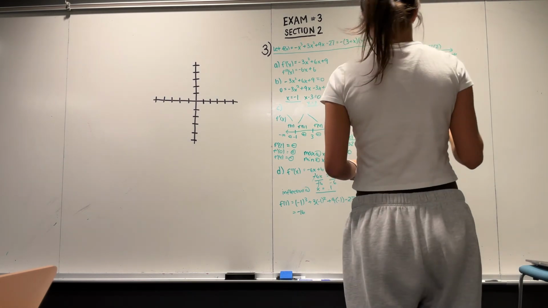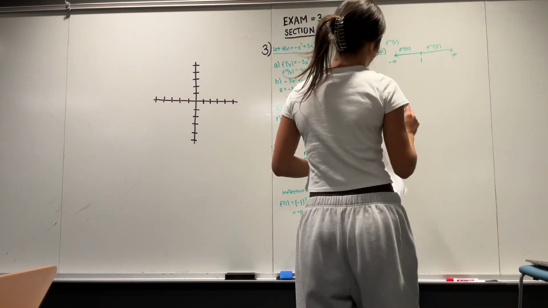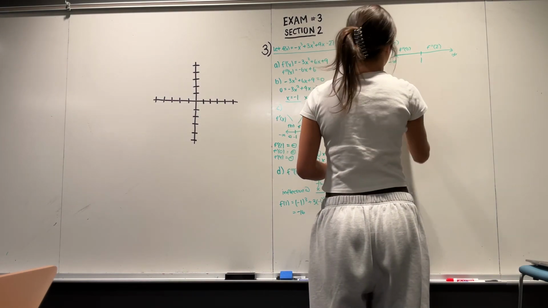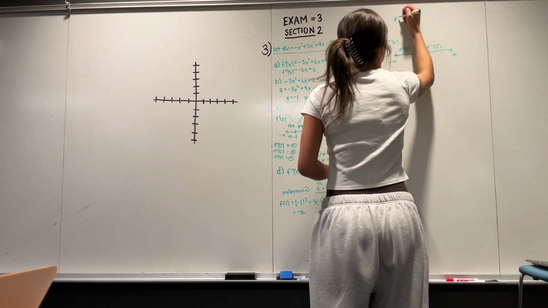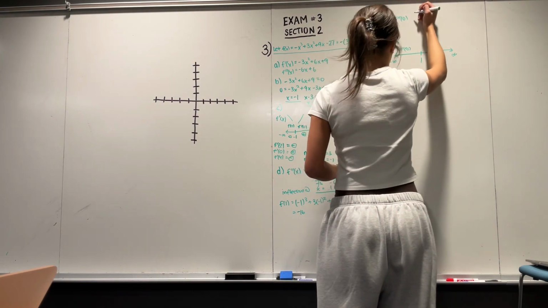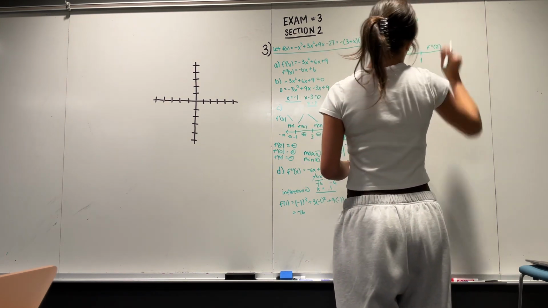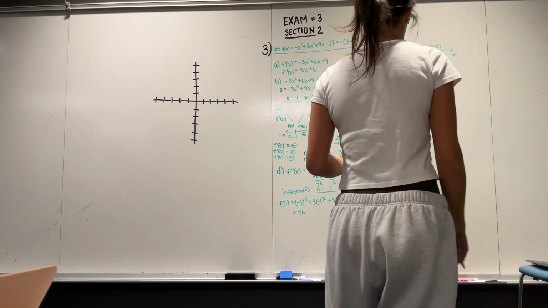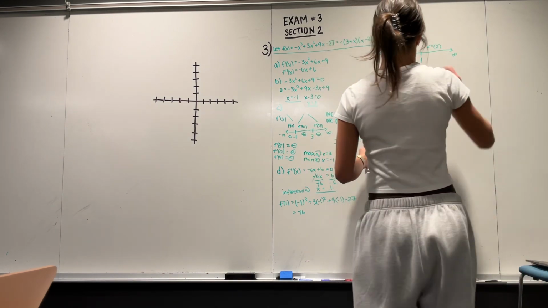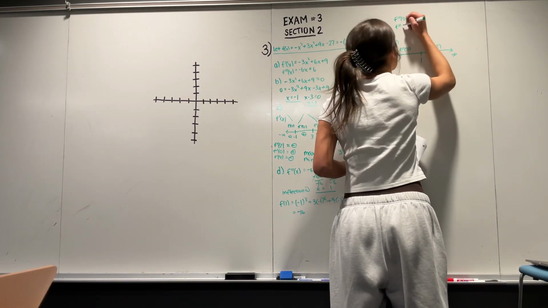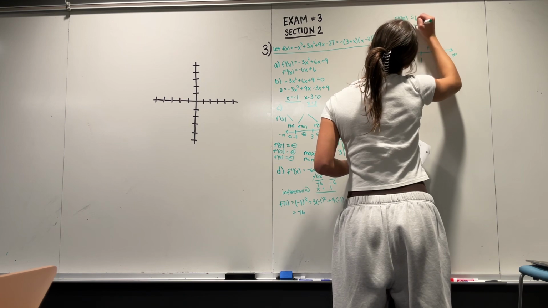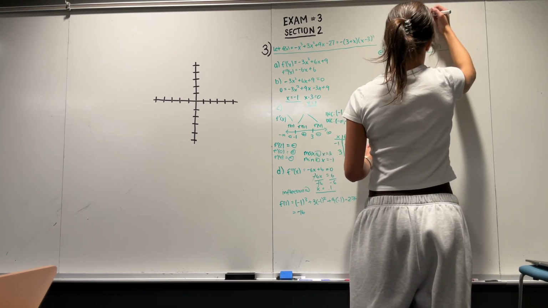If you evaluate these, put them into the equation, f double prime of 0 is going to be 6, and then f double prime of 2 is going to be negative 6.